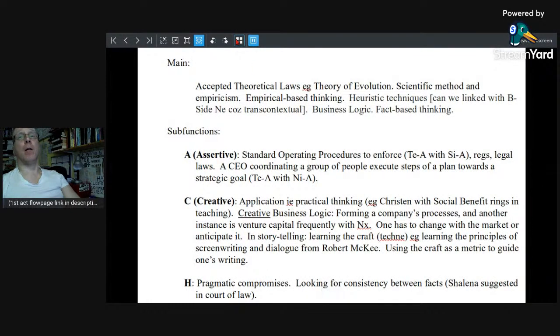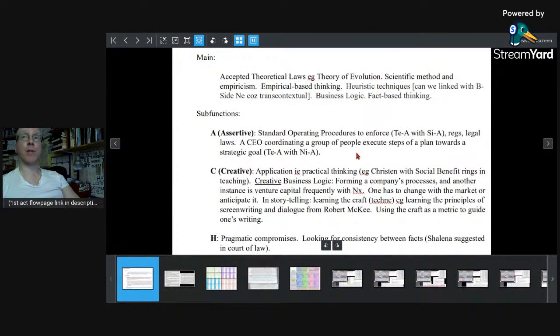The EPs will generally draw on, well, ESTP will draw more on assertive, but the EPs that are ENTP, ENFP, and ESFP will go a bit more towards the creative subfunction of TE. But it also depends on what they're doing.